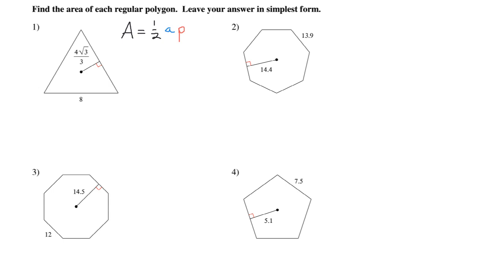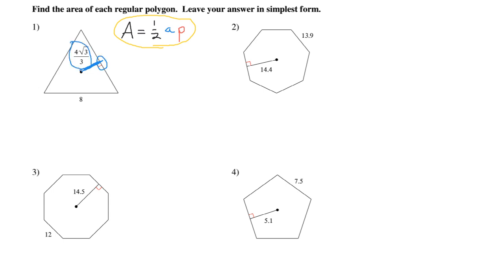Let's look at this first one. So this is a triangle. We're using our common formula, and I'll circle this in yellow just at the top here. Area equals 1/2 times apothem times perimeter. Now the apothem, we've talked about this before, runs from the center of the polygon to the middle of one of the sides.